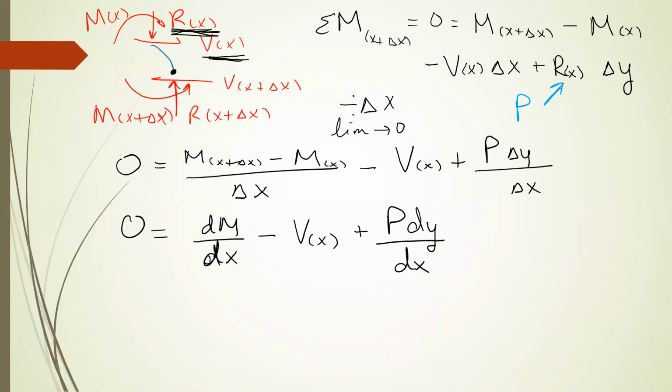Now, if we just look at the first two terms, or rather this circled portion, is that somewhat familiar? That the shear is the derivative of the moment? Right? We already knew that when we talked about beams. So the only difference here is that before, that wasn't the whole story.